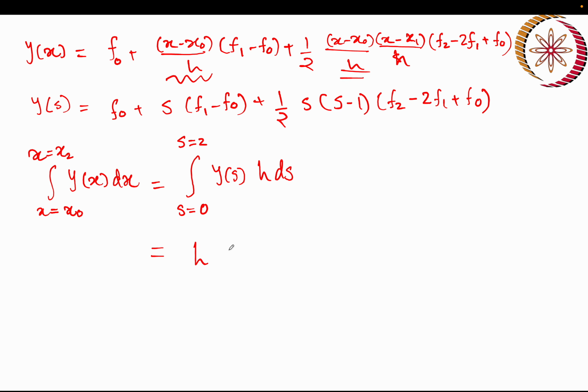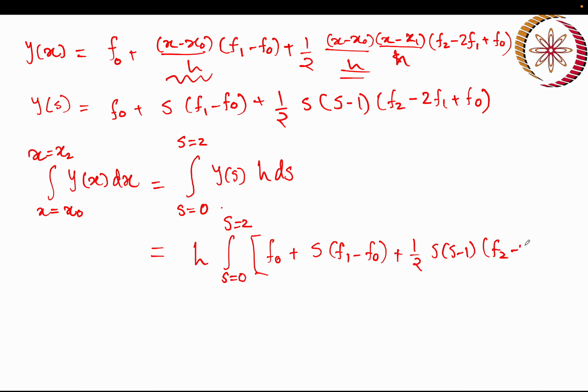So this will be h times the integral from s equal to 0 to s equal to 2. In the bracket we'll write this expression: f0 plus s (f1 minus f0) plus half s (s minus 1)(f2 minus 2 f1 plus f0), and ds.